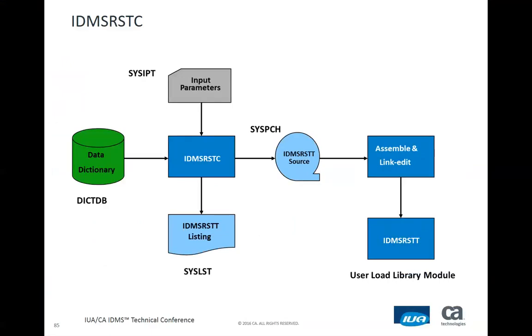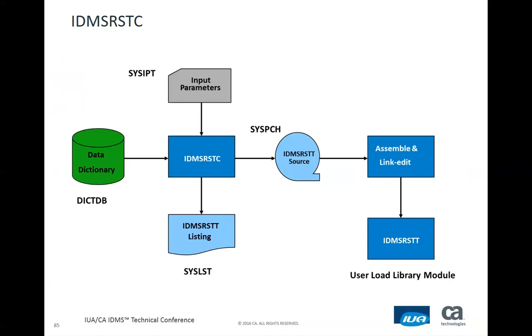Okay, last week we were talking about restructuring the database using the Restructure and Restructure Connect utilities. One of the things I mentioned was that the Restructure utility is driven by a table that defines the changes being made to the database, and that table is the IDMS RSTT table. Actually, you can give it whatever name you want, but by default we'll talk about it as IDMS RSTT.